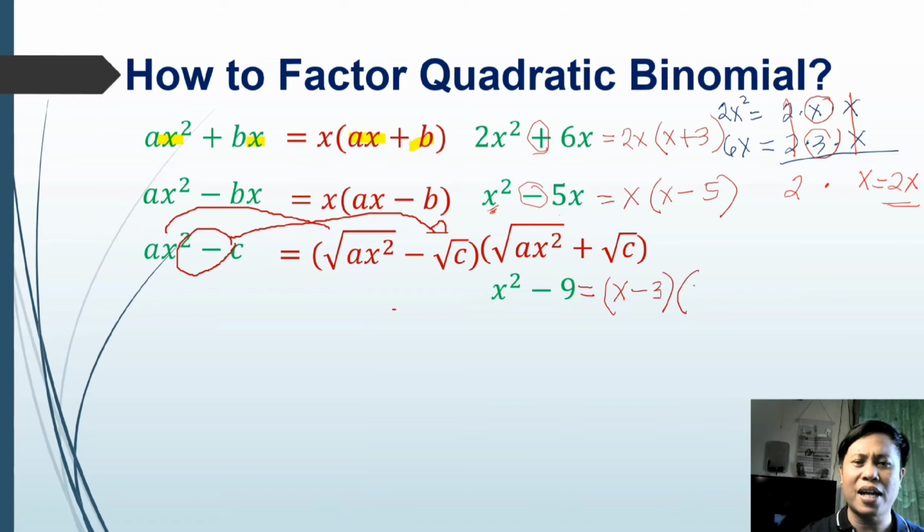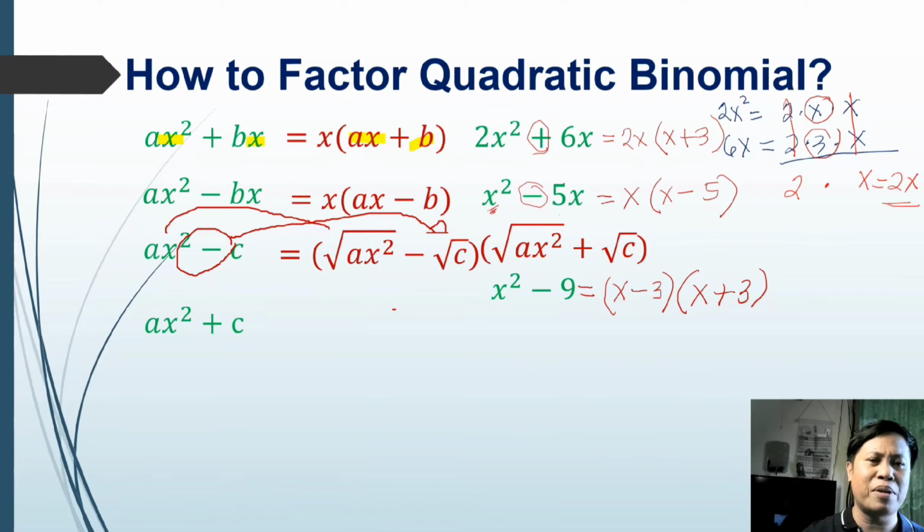Tapos, i-rewrite na lang natin siya. Palitan lang natin yung sign sa gitna. Kaya, ang factors ng x squared minus 9 equals x minus 3 times x plus 3. So, ganyan lang siya. Halimbawa, mayroon tayong ax squared plus c naman. Halos kaparehas lang silang dalawa, pinagkaiba lang yung operation sa gitna.